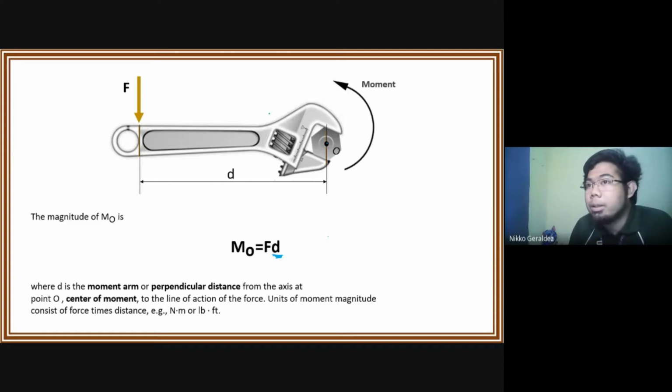So, F times d. Para malaman yung perpendicular distance, i-draw mo yung line of action ng force. Then, gumawa ka ng perpendicular distance, perpendicular to the line of action of force F, and that perpendicular distance must intersect the moment center.